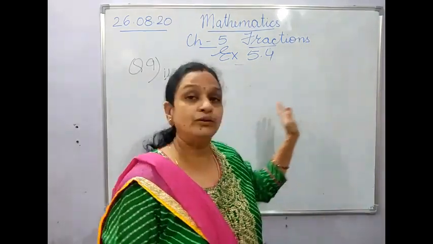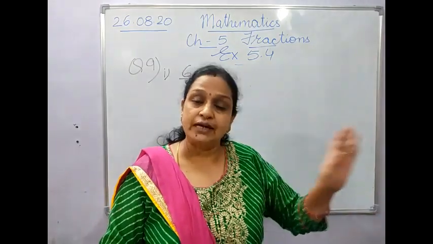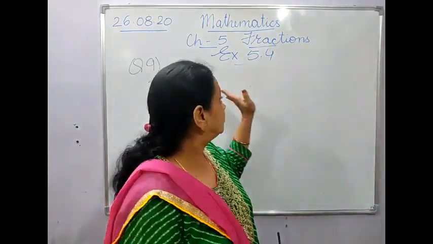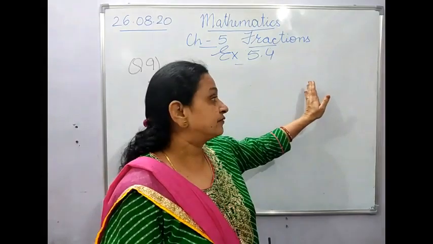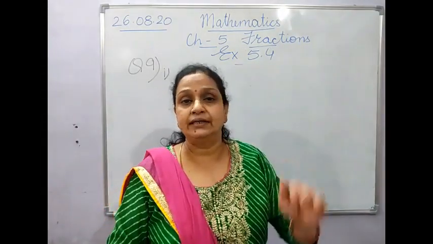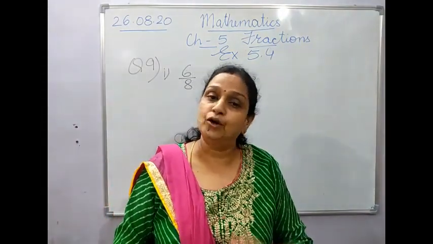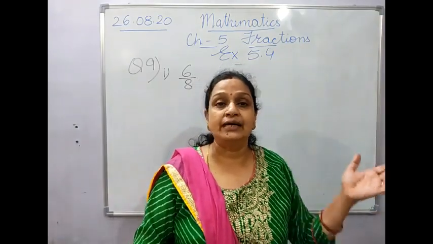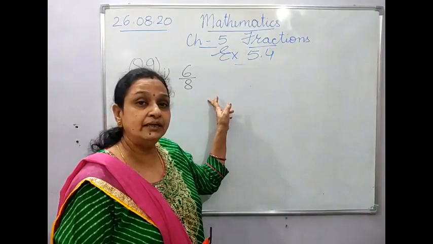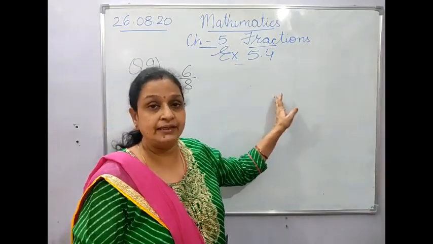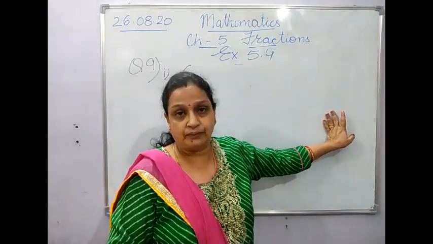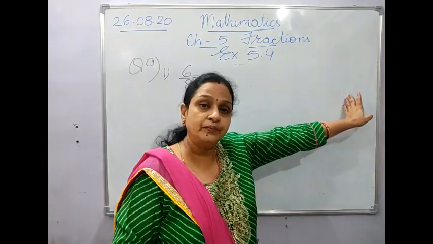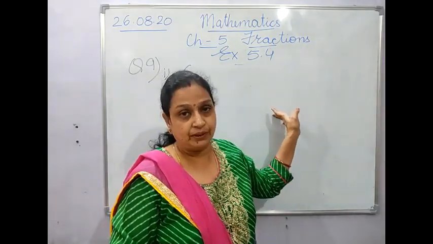So if you divide by 1, you will get the same answer. Or in other words, you can take out the HCF of both the numbers and divide by it to find the reduced form. But since it is a long process, we will use the simple one.